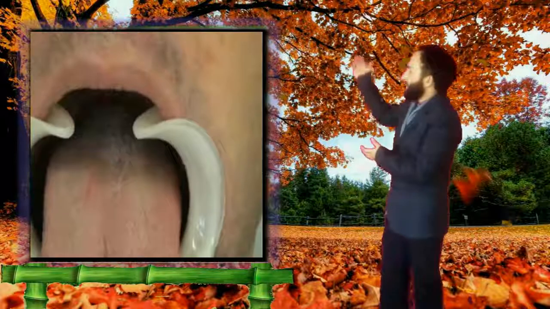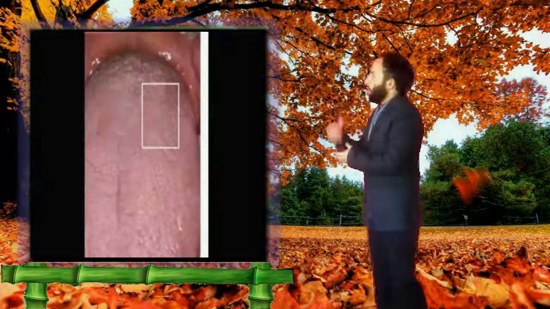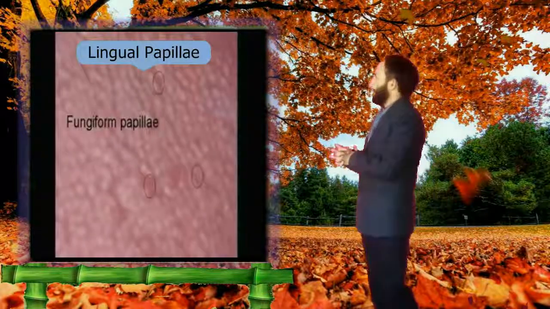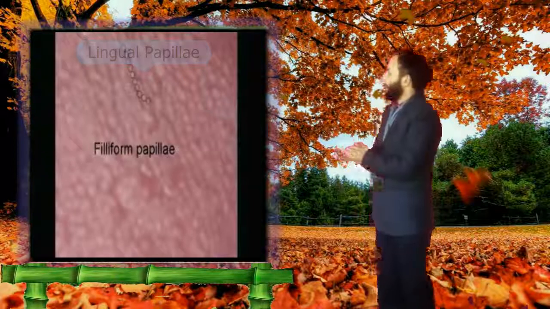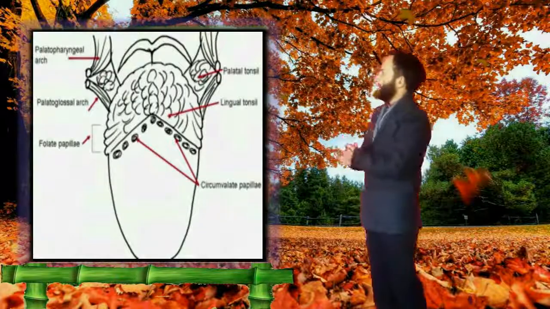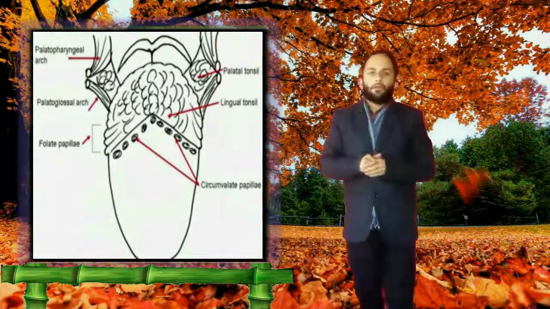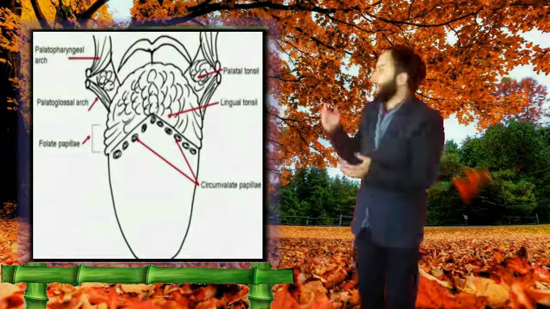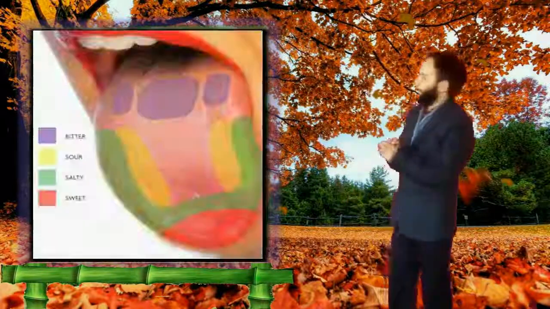Now look towards the tongue. Its dorsal surface bears numerous papillae called lingual papillae, like fungiform papillae, filiform papillae, and circumvallate papillae. The taste buds of the tongue are located on the sides of fungiform papillae and circumvallate papillae.